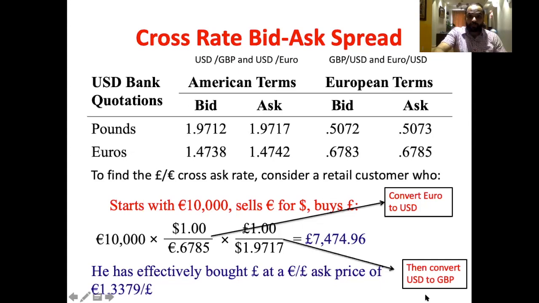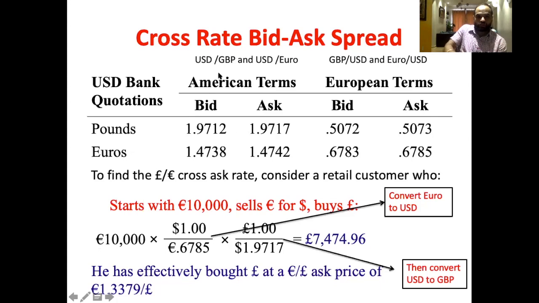Here you are looking for European exchange rates, so this position is non-European, which means this is your American terms. So non-European will be European terms, all right? Let me write it down.